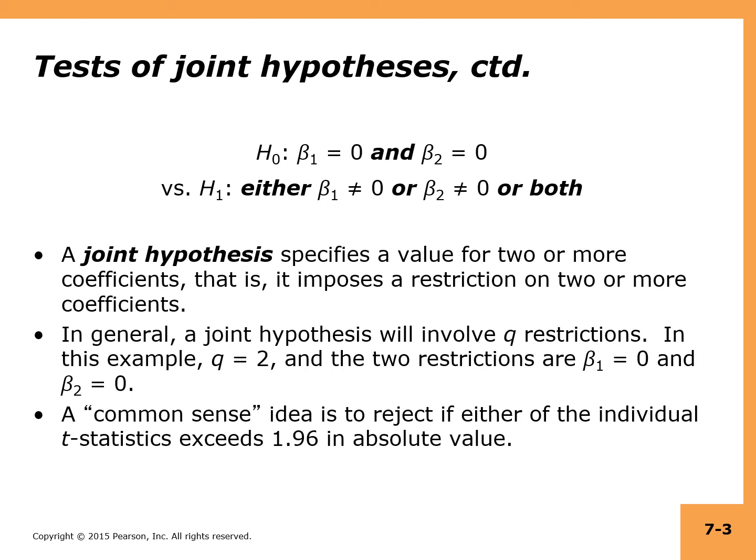A common sense idea to approach this problem is to reject the null if either of the t statistics for beta 1 or beta 2 exceeds 1.96 in absolute value.